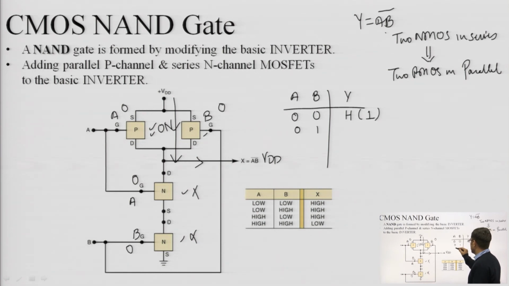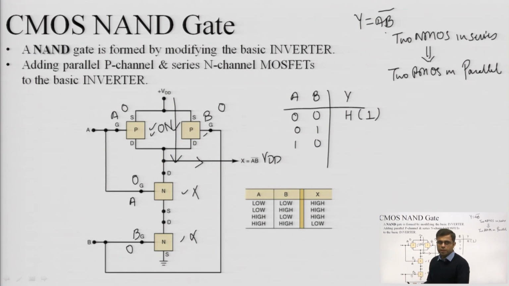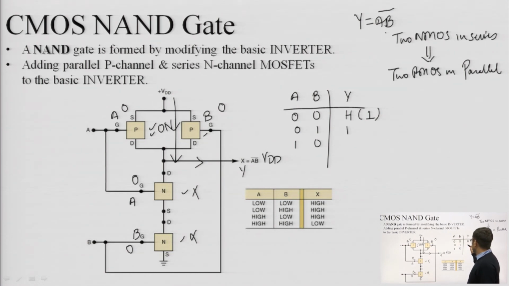Similarly for 0 1 and 1 0 as well, if any of the inputs is low, then one of the P transistors will be on. If any of these P transistors is on, then there will be a VDD path for the output. So in those cases also the output will be high.